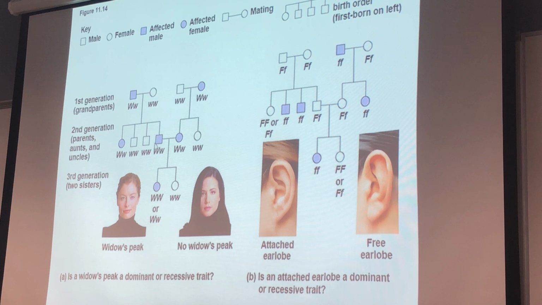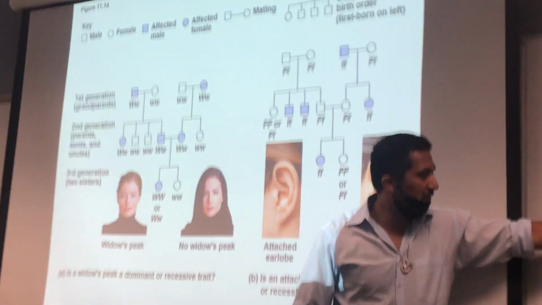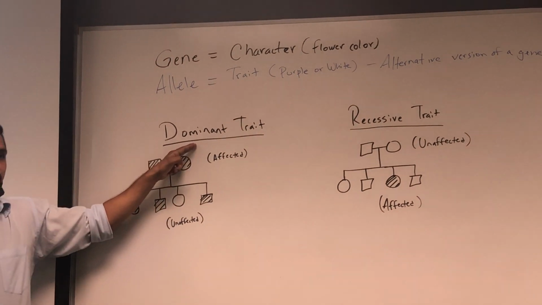Affected parents, affected siblings, but one unaffected child, that is a dominant trait.